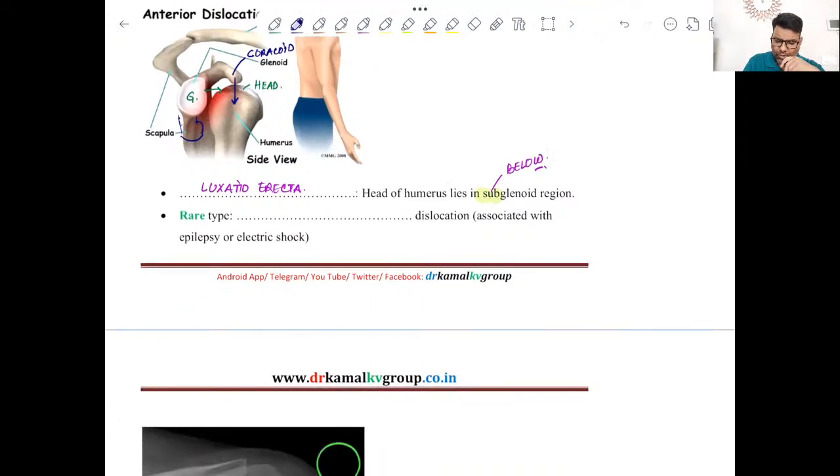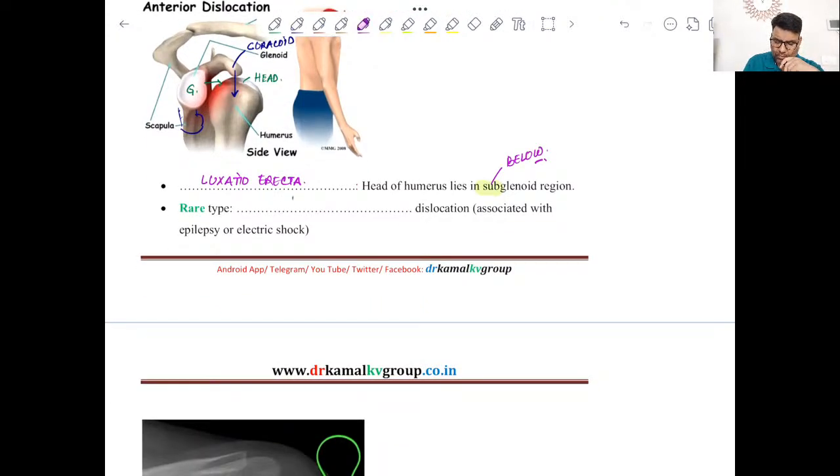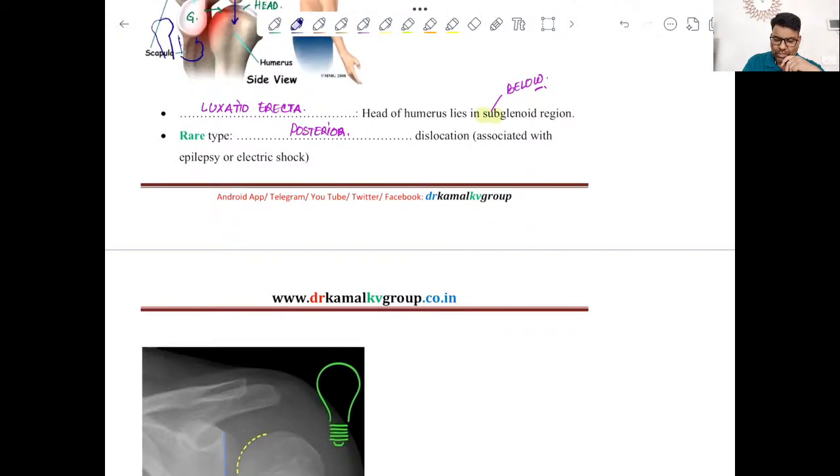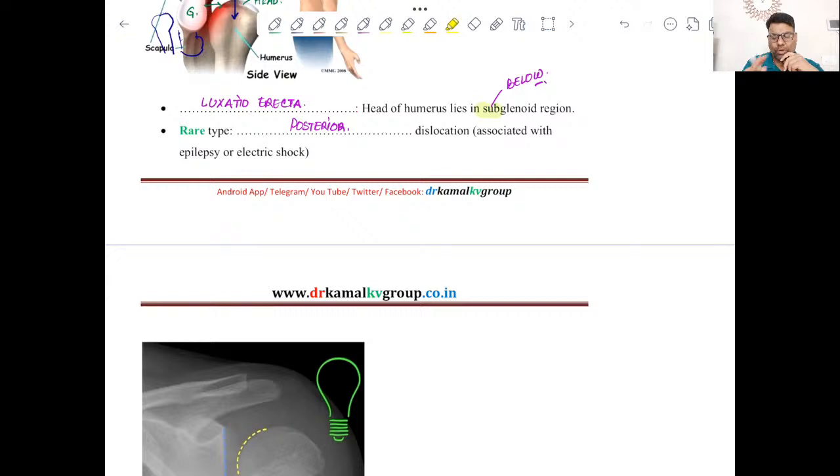Now, a rare type of dislocation is posterior dislocation of the shoulder joint, where the head of humerus goes behind, something like this, right? So this is the posterior dislocation. And for posterior dislocation, you have to remember only two conditions. One is epileptic fit, or the second one is electric shock.